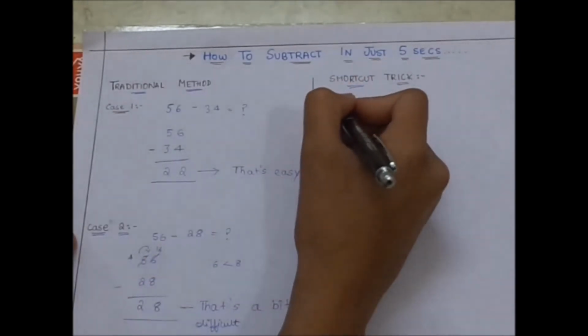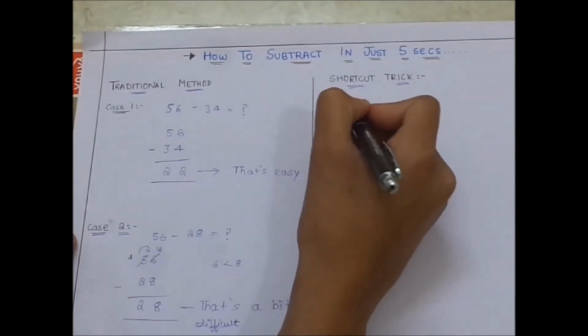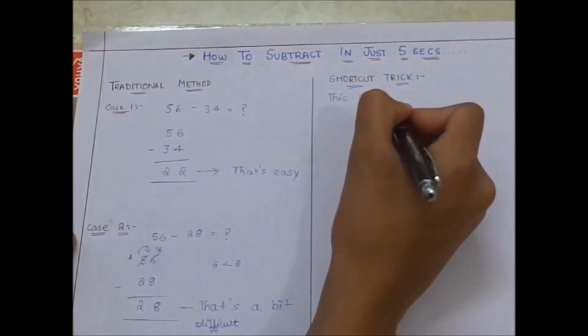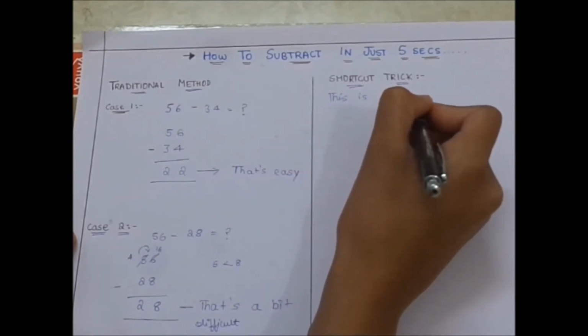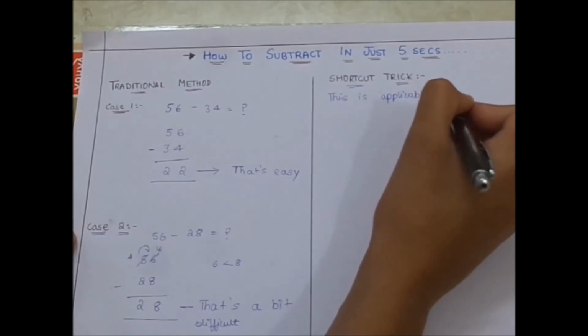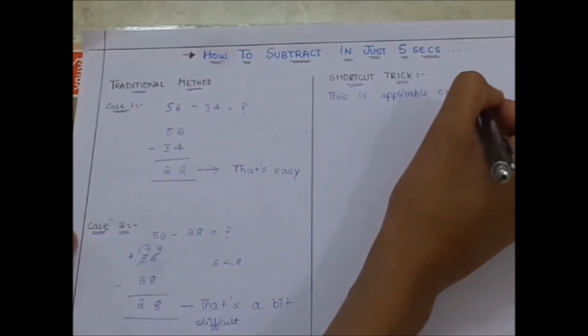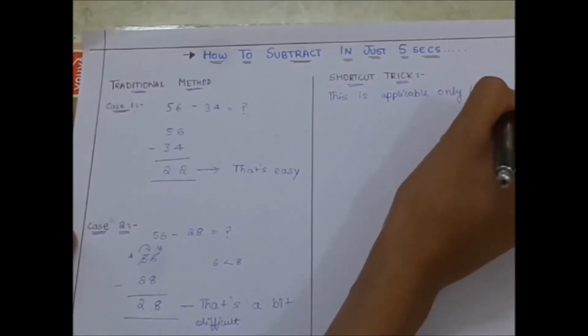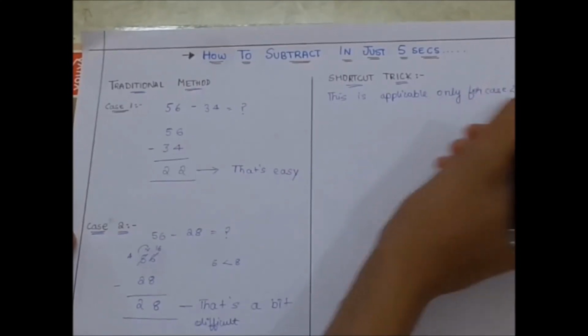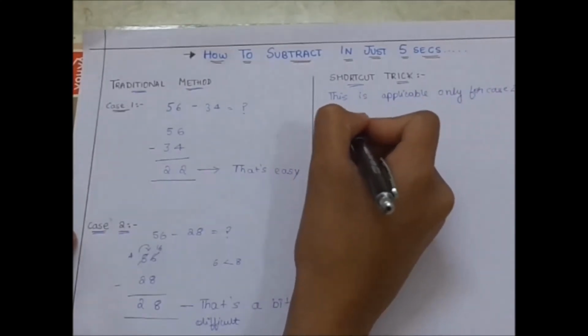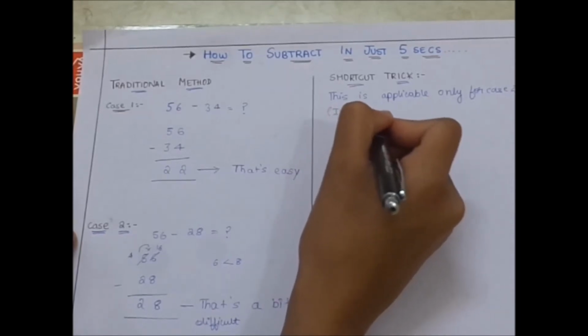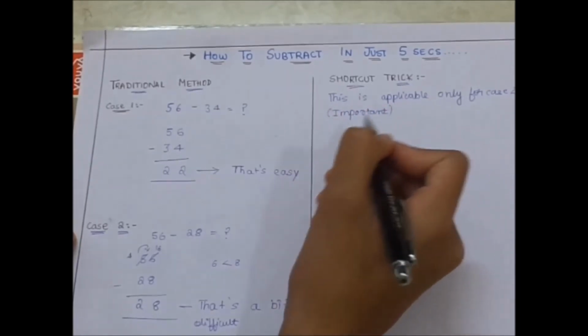So I'll now teach my shortcut trick, and the important thing to be noted is that this method is applicable only when the sum is of the form case 2, and this is applicable for any number of digits. That is, it can be a 1-digit number or 2-digit number or 3-digit number or an n-digit number where n is infinite.